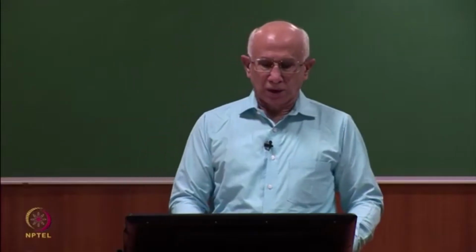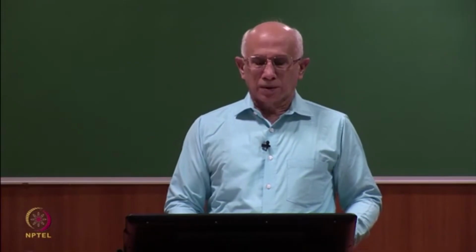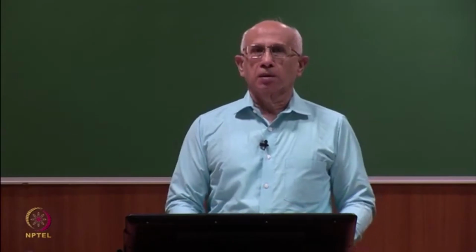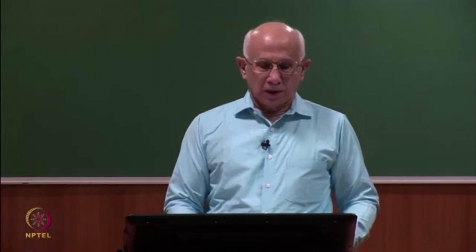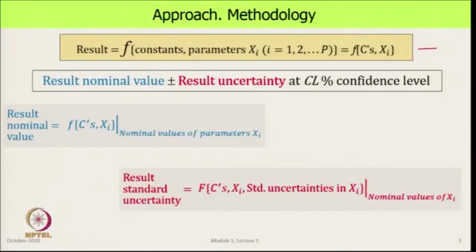In an earlier lecture, we had defined the result in a context of uncertainty analysis as a function of constants and parameters. Parameters are denoted by x subscript i, and there could be 1, 2, 3, 4, up to p number of parameters.